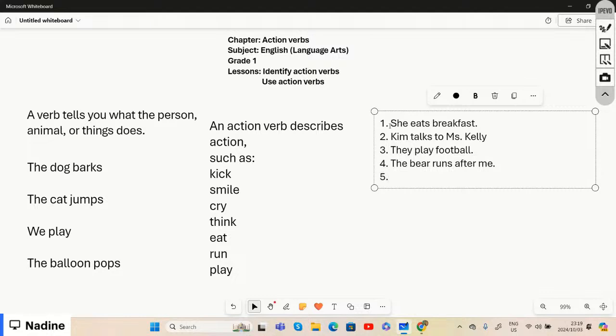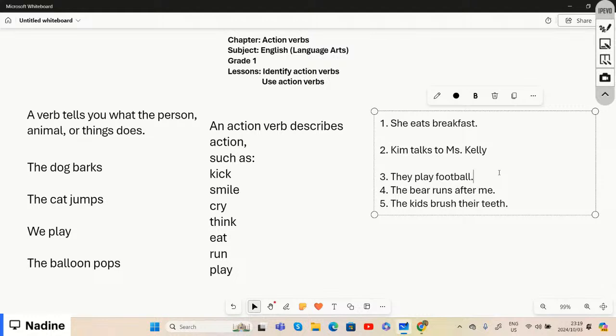And the last one, you can say the kids brush their teeth. All right, so now here we have our 5 sentences.